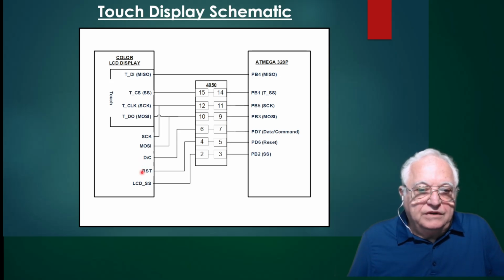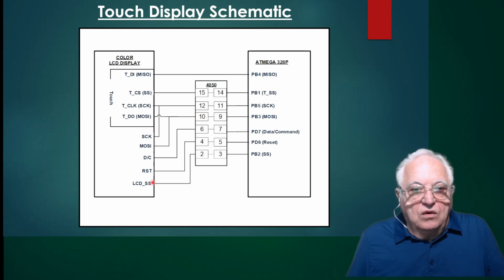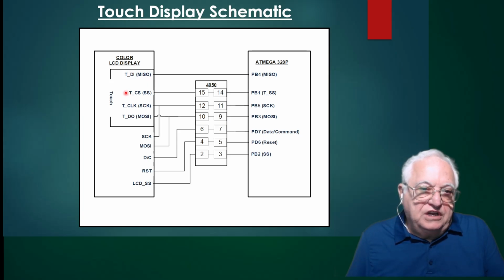Then we have the reset, and then we have what I call the LCD chip select. Now we're going to have the MISO. Then we're going to have the chip select, which is the TCS, which is going to select the touch screen. Then we're going to have the clock, and then the MOSI.